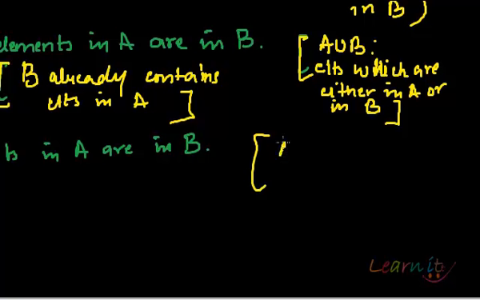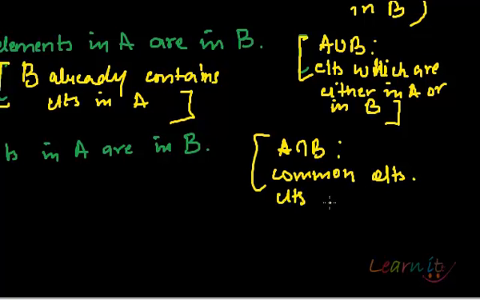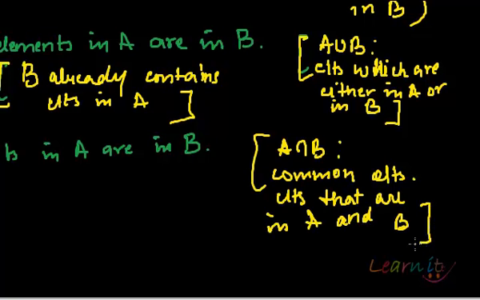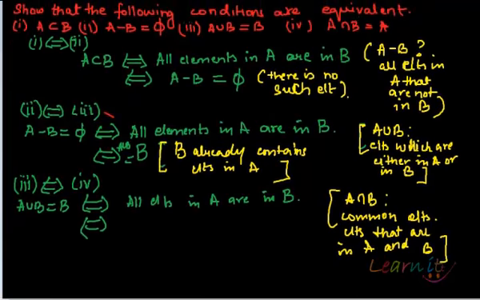What does intersection mean? Whatever the common elements are, they form the intersection, right? So the elements that are in A and B both. So what are the elements which are there in both? All the elements of A are in both.